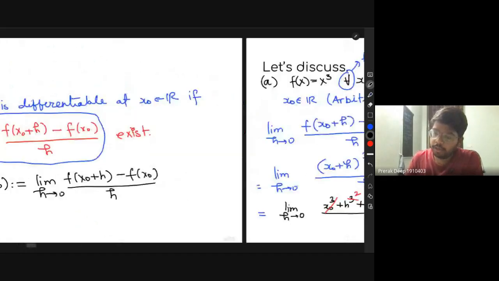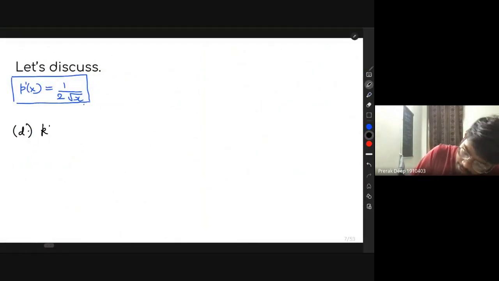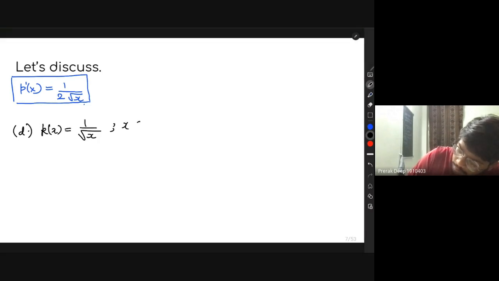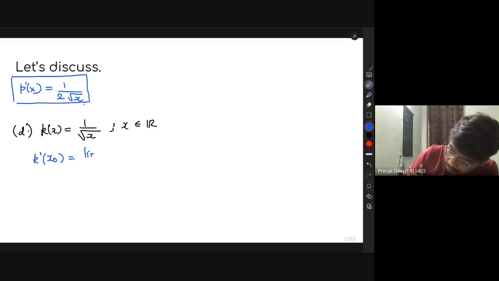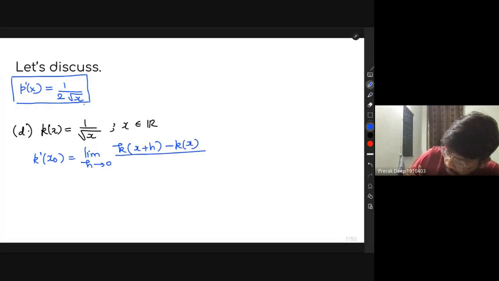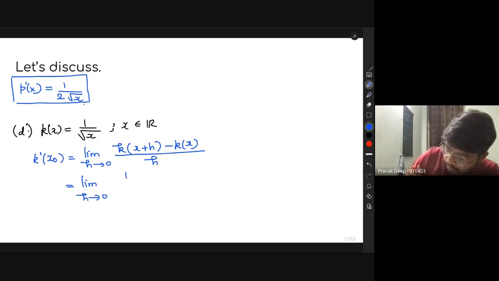In the D part, we have 1 over square root of kx. So kx is a function which is defined to be this for all x in R. Again, we try to find its differentiation at x naught, which is nothing but the limit h tending to 0 of kx plus h minus kx divided by h, equal to 1 over square root of x plus h.